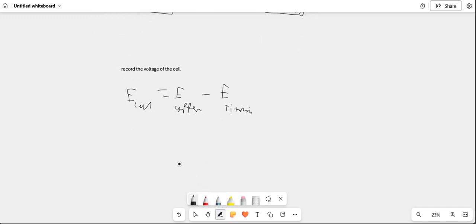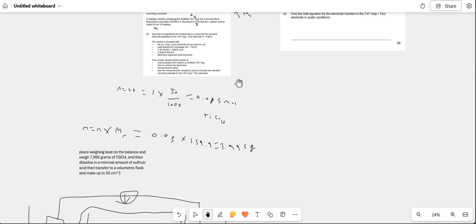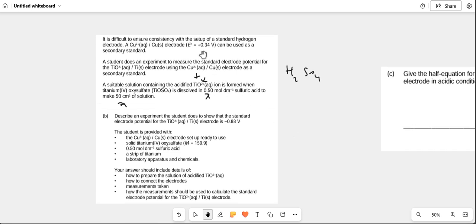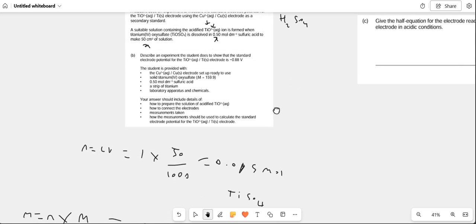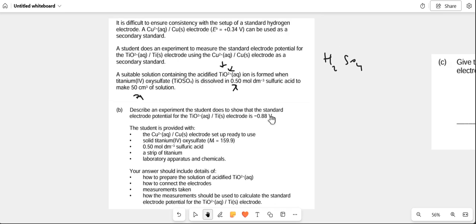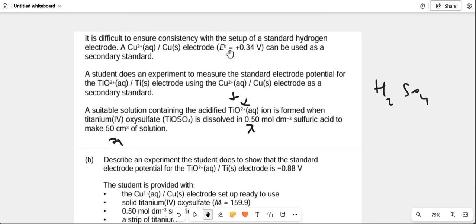And so basically we can do that accordingly. We know the standard electrode potential for titanium is minus 0.88, and we know that the one for the copper electrode is 0.34, yeah.